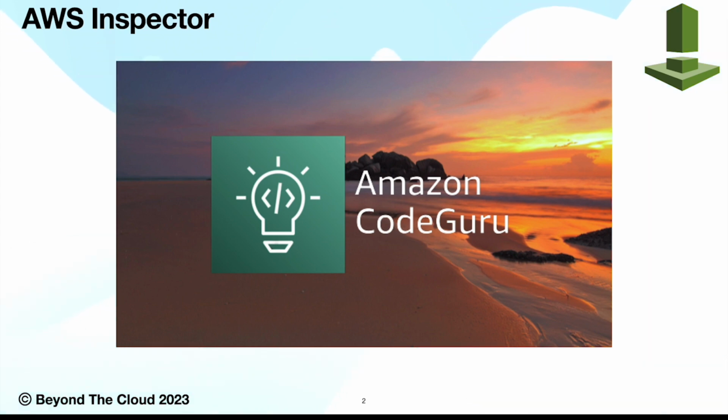We will also go through the Amazon CodeGuru documentation, which shows what type of vulnerabilities it will detect, and I will take a couple of examples from it and show you in practice what it detects.